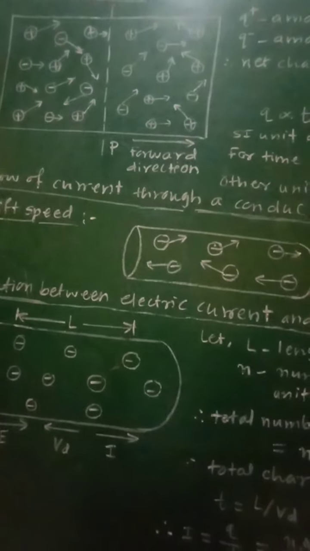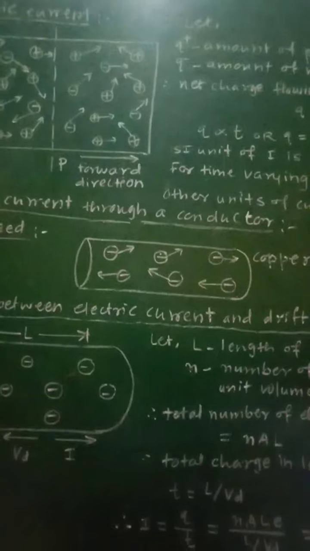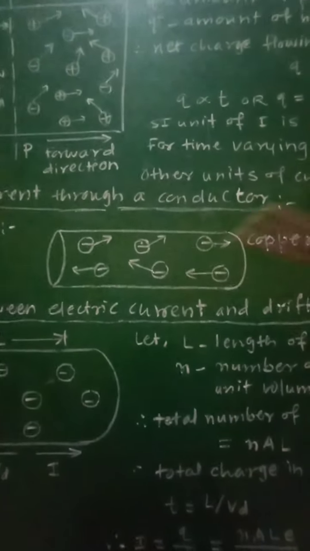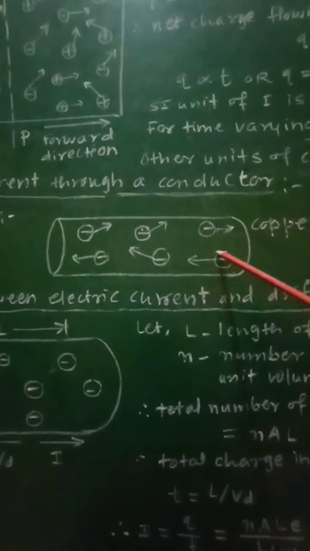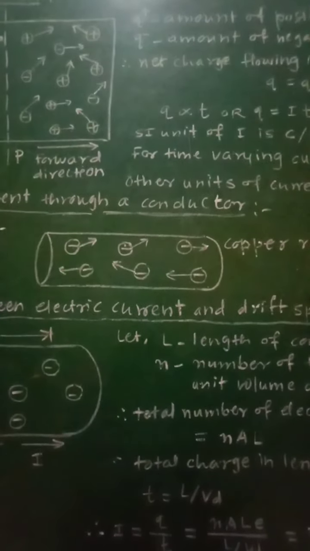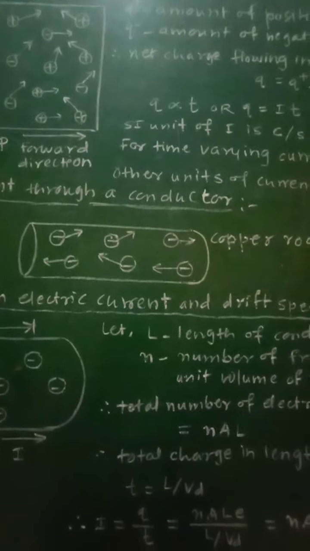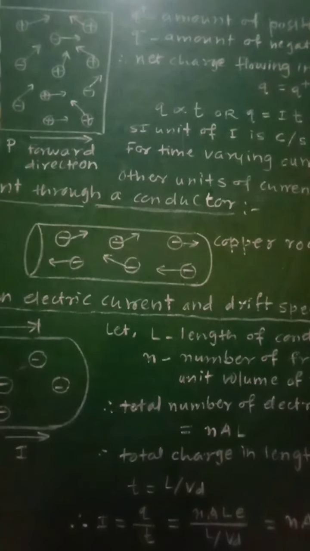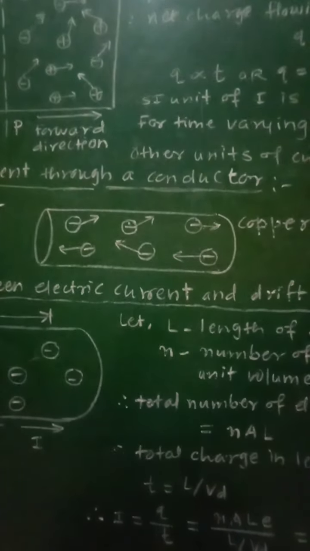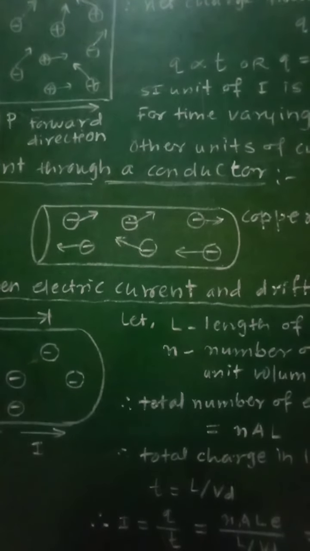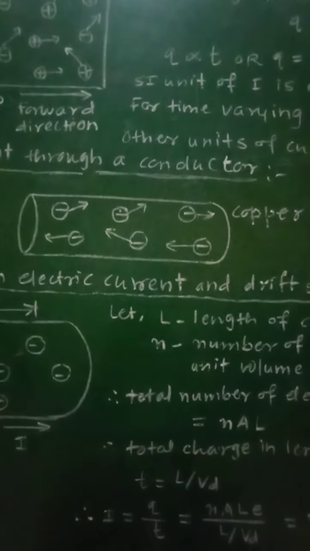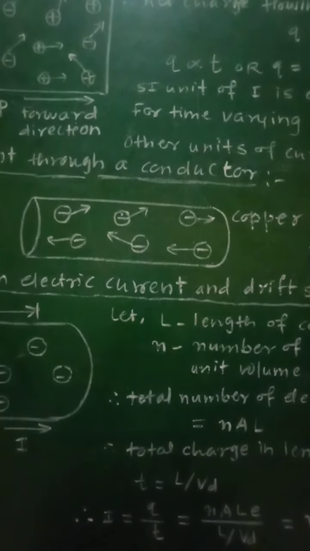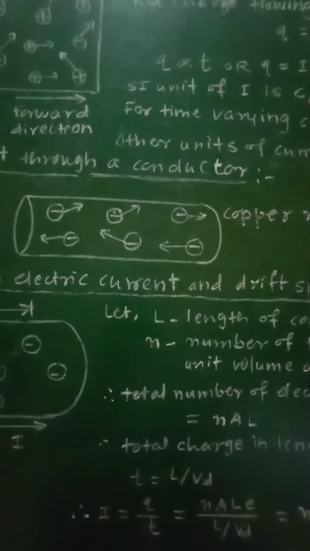So for that purpose, let us consider a copper rod consisting of negatively charged electrons, with no current flowing through it. Here for that copper rod, no electric field is applied and therefore no current flows through it, and free electrons are in random motion.